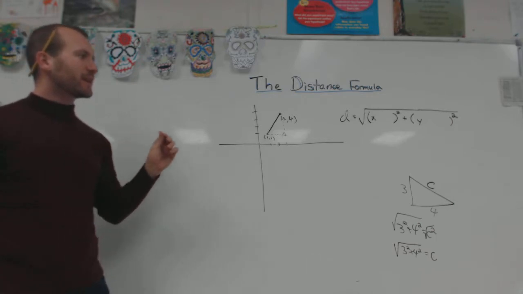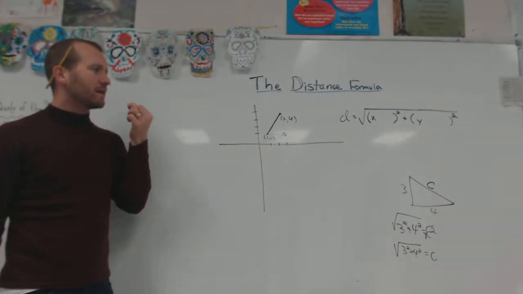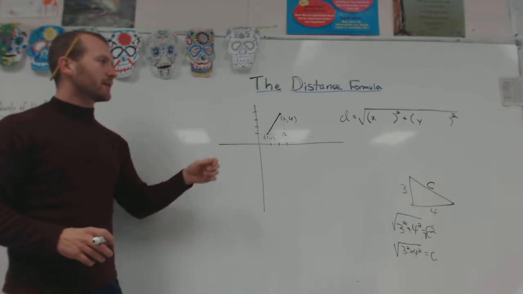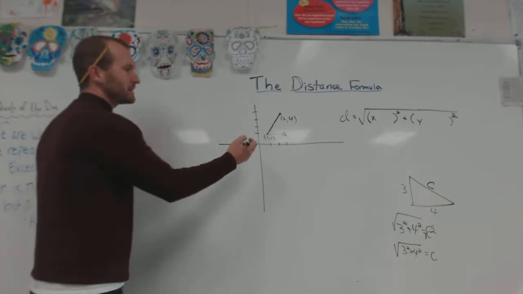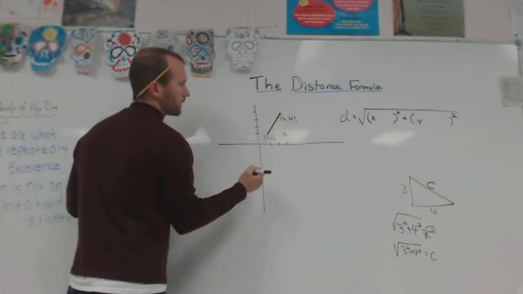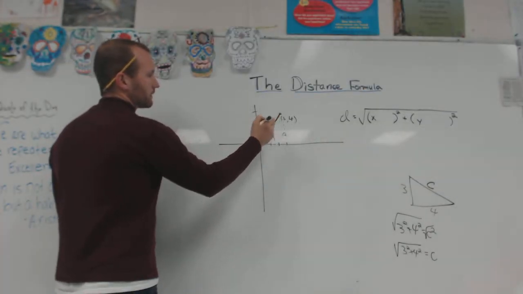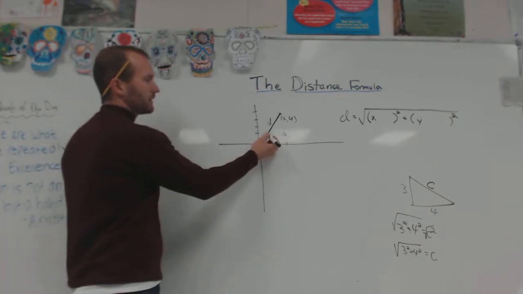So does anyone want to try to guess what the x's are going to be? We know that in some way we're not using the Pythagorean theorem. We're trying to find this side, the distance. So let's call that d. We need this side.